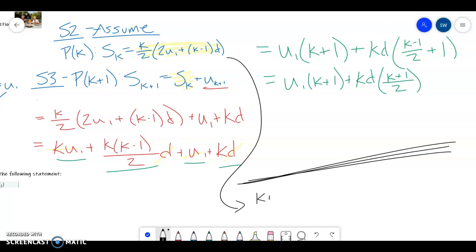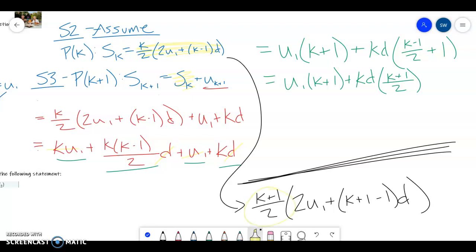Like we know our end goal, like everywhere there's a k, there should be k plus 1, so it should look something like this. So you're asking yourself, okay, what do I do next to make it look like that? Well, we have this k plus 1 over 2 here, so let's factor that out from our next step.